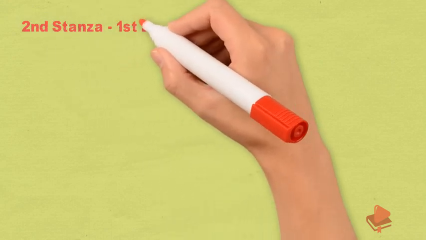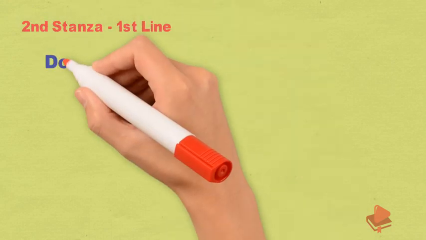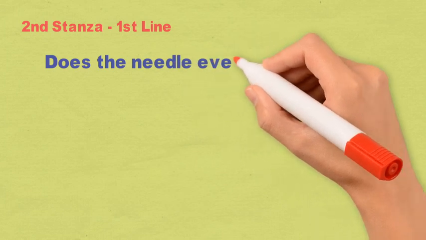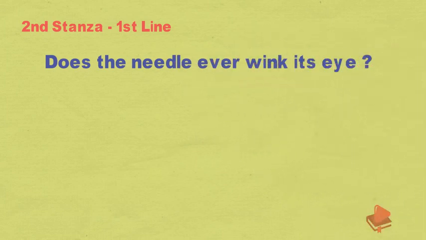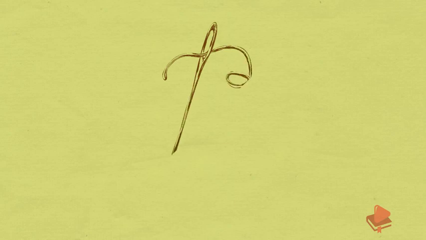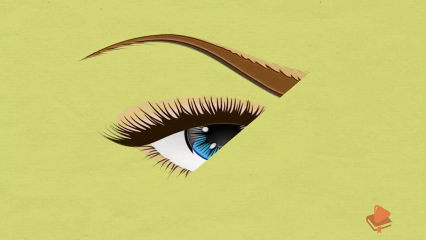Let's move ahead. In the next line the poet tells, does the needle ever wink its eye? Now, in this, the poet is wondering if the needle ever winks its eye. In this picture, you can see a needle having a hole. So that is the eye of a needle.